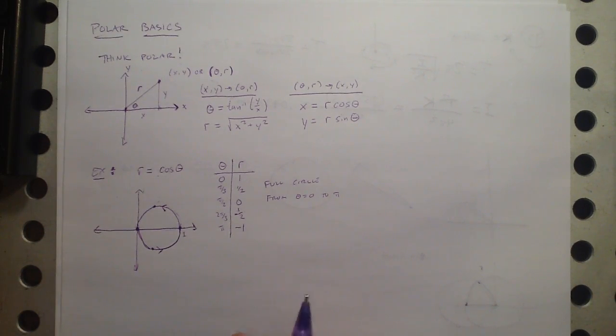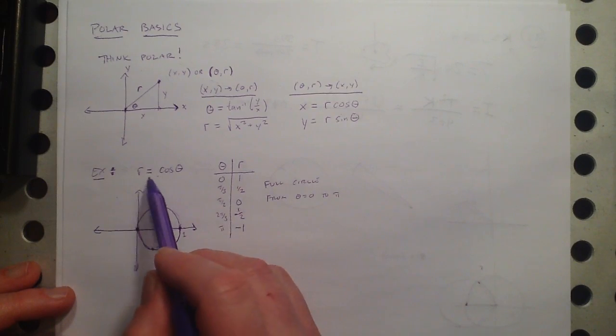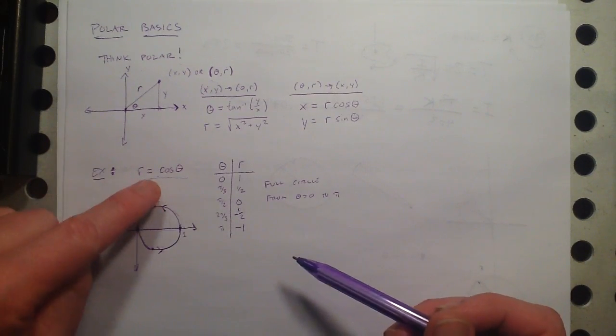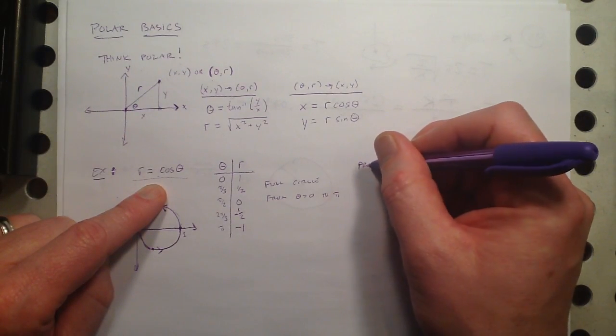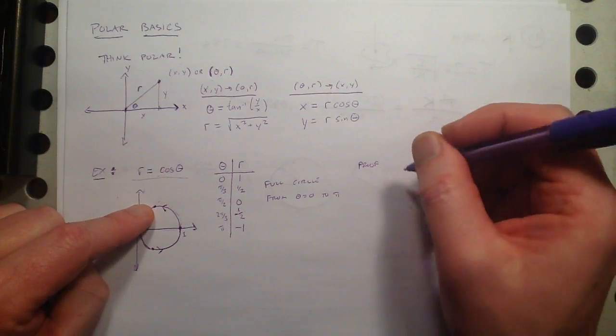We're not going to do a whole lot of this. You probably did some in pre-calculus. But if you really want to prove to yourself that that's a circle, you could take this and change it into x's and y's. So I'll just do that real quick so you believe me that it's a circle. And you just maybe remember that you can do this.